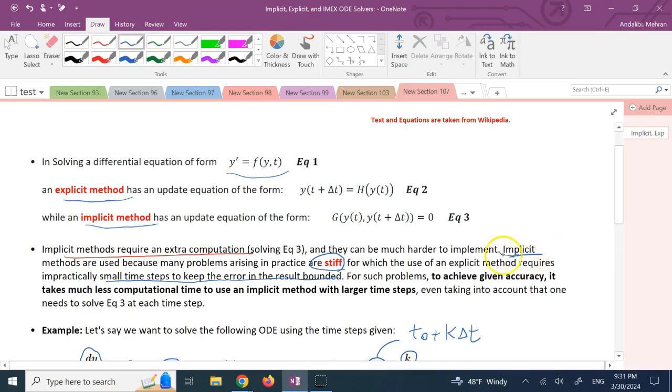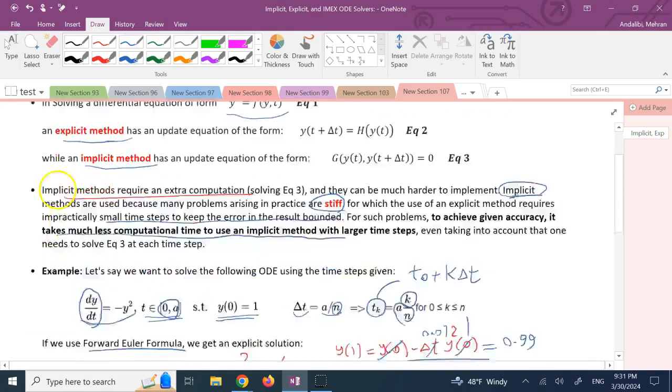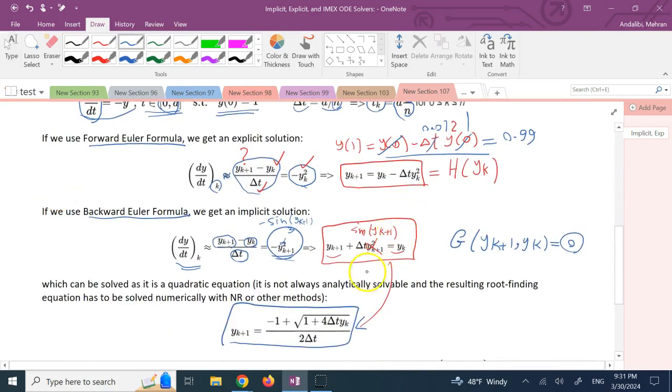But implicit methods actually allow us to solve stiff ODEs, and they take basically less computation. So we'll get to this. As I said, this is the topic of one of my upcoming videos. So just know that implicit solvers have their own applications. I just wanted to distinguish between implicit and explicit.